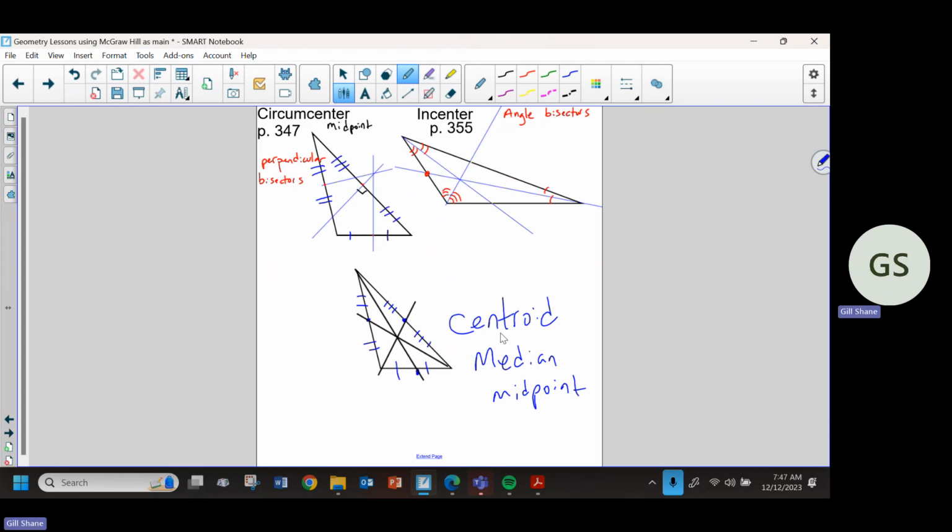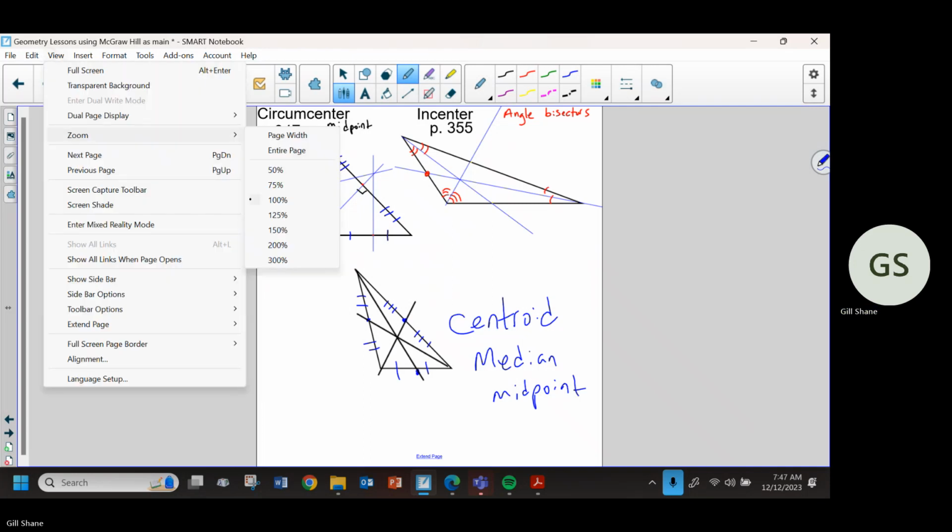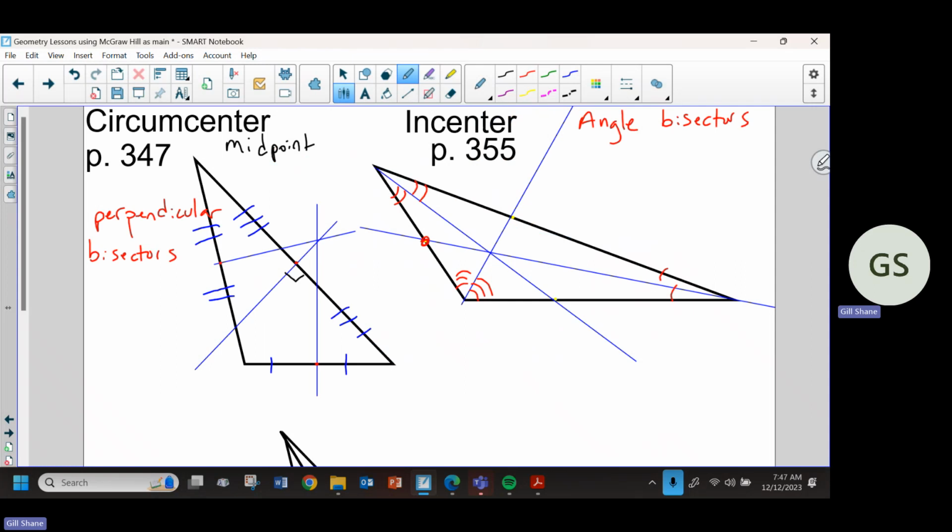Midpoints would be these little red dots. Actually, I can zoom in now. So these little red dots are the midpoints. These are not midpoints. Again, if it's an angle bisector, that does not mean you're going through the midpoint. So you may want to write that down. It doesn't mean midpoints here. I mean, it could happen to go through one like in an equilateral triangle or isosceles.